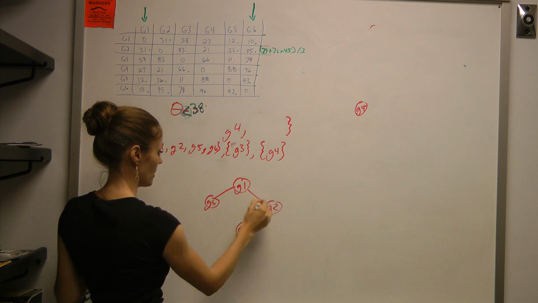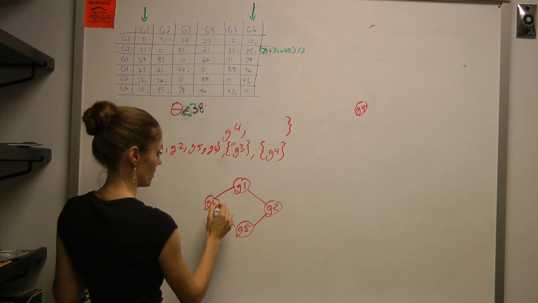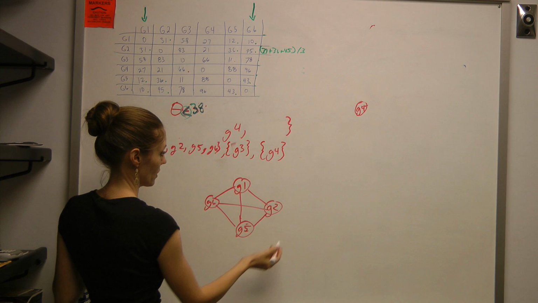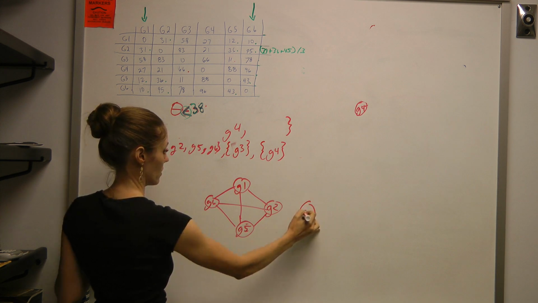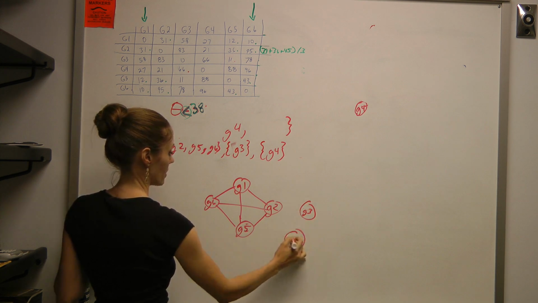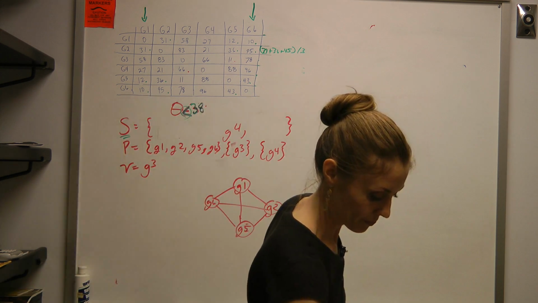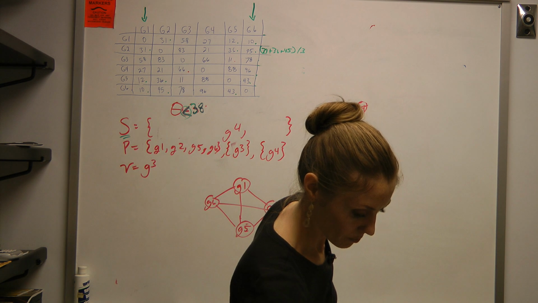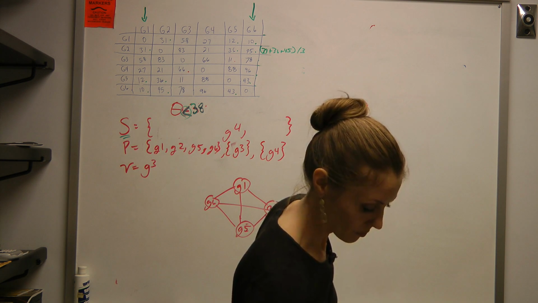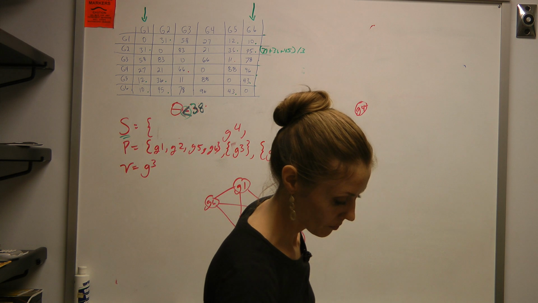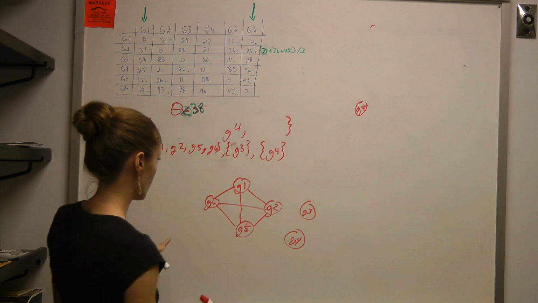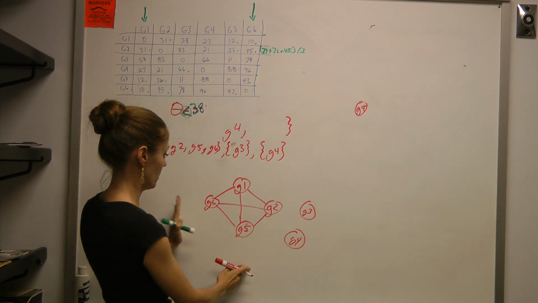And then we create our click graph, which looks like this. So this is our final clustering.